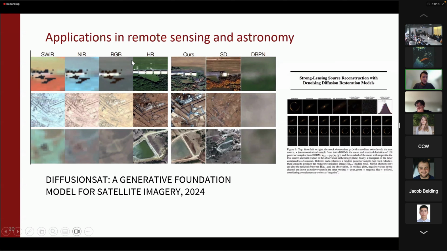You can see here some examples where you start from this low-resolution view of a location in the world, and the fourth column here is the ground truth, and the other column is what you can get using a diffusion model, solving an inverse problem, trying to reconstruct a high-resolution image. This is again some kind of super resolution inverse problem where we can get extremely good results using diffusion models that are trained on satellite images.